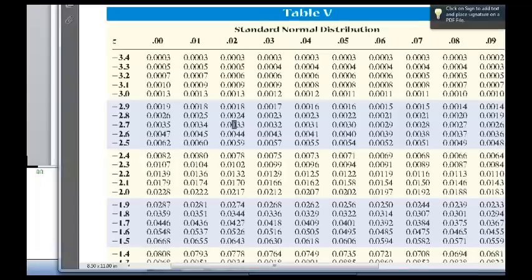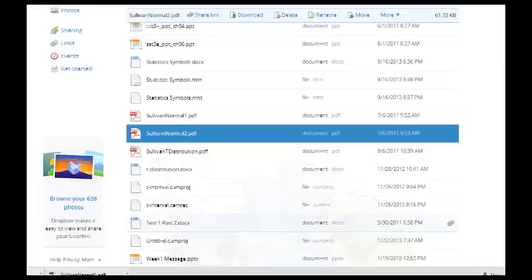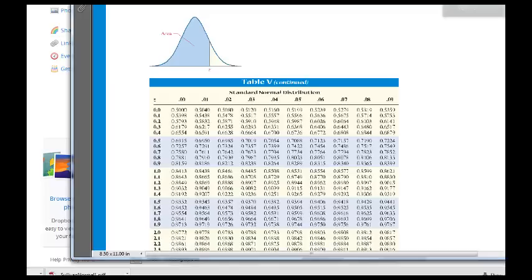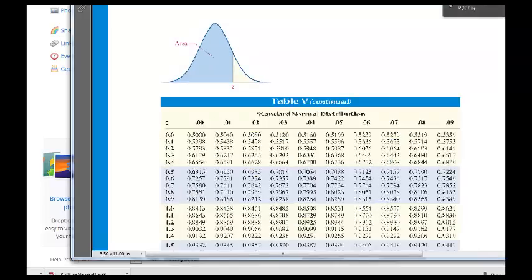Let me find the other table. This was the negative table. Let's see if I can find the positive one. Okay, this one is the positive one. Notice all the values in our areas are greater than 0.5. You see that?